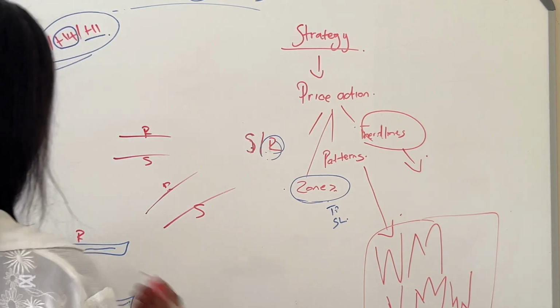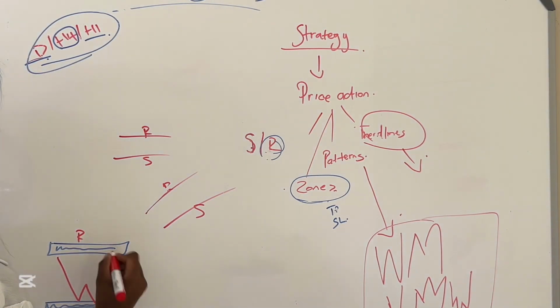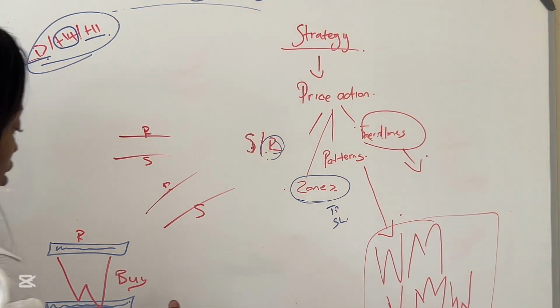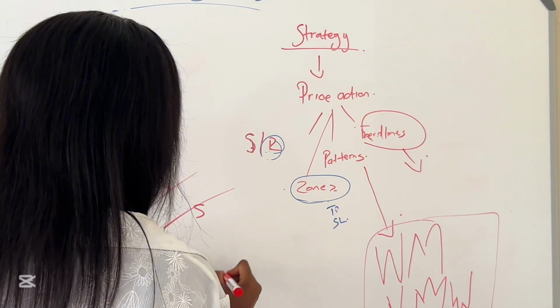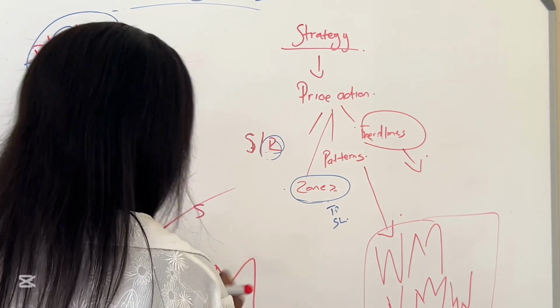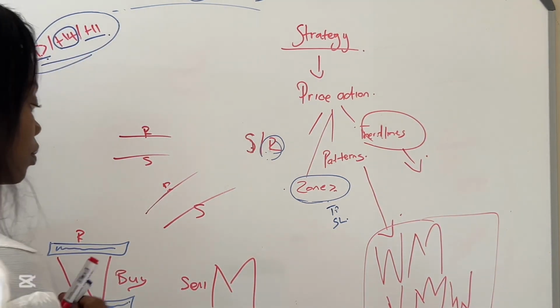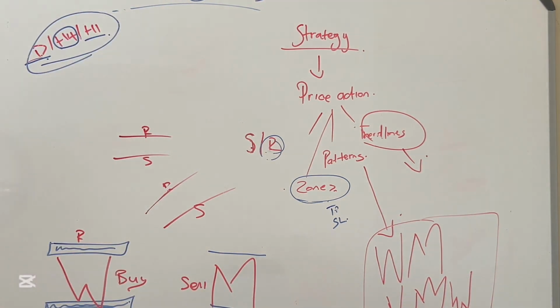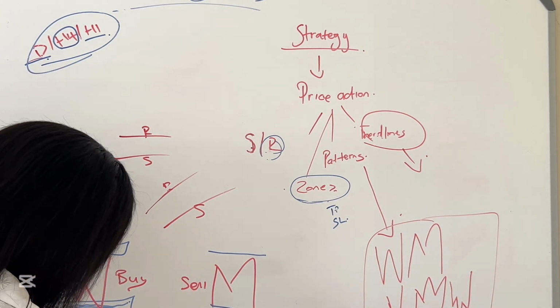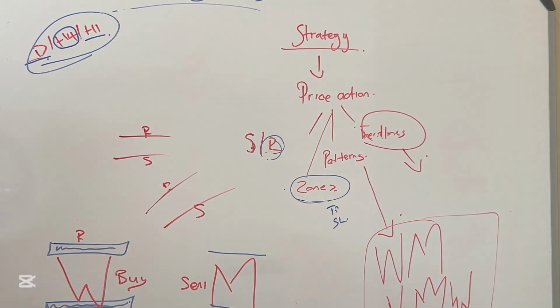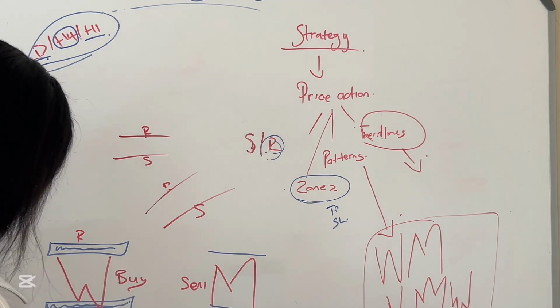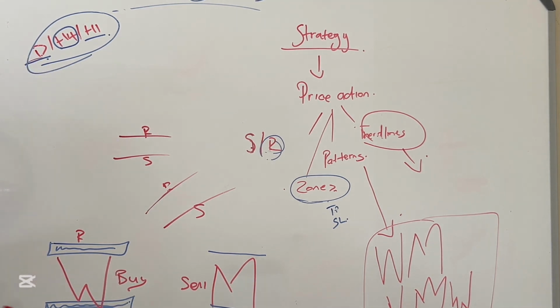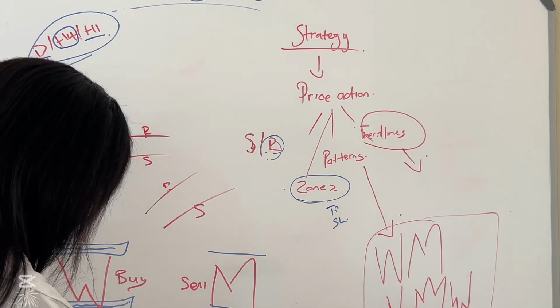So basically, buy is a W. Sell is an M. Inverted head and shoulders, the upside down head and shoulders, is a buy.